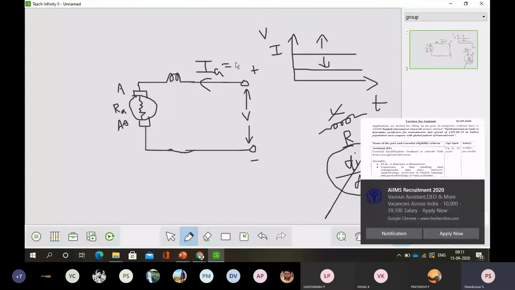So the armature current is going to be the field current. Earlier it was not like that, it was a separate current. So automatically this is called a series motor.